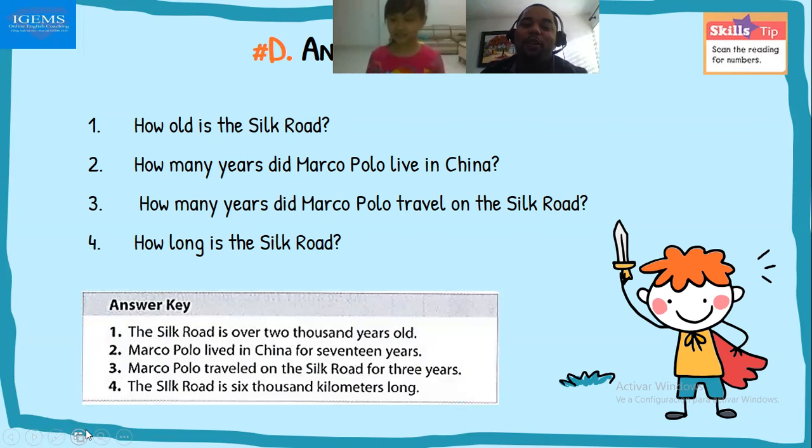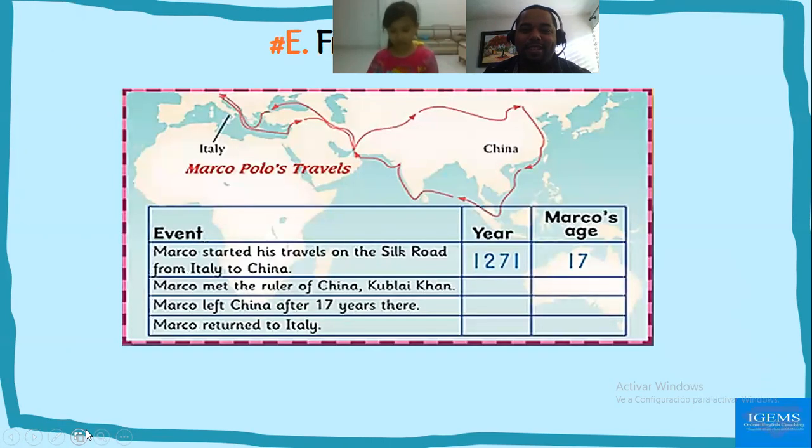Imagine yourself traveling through the Silk Road from Vietnam to Europe. Can you imagine this? Look at the map in your book. Imagine traveling from Vietnam to that area.